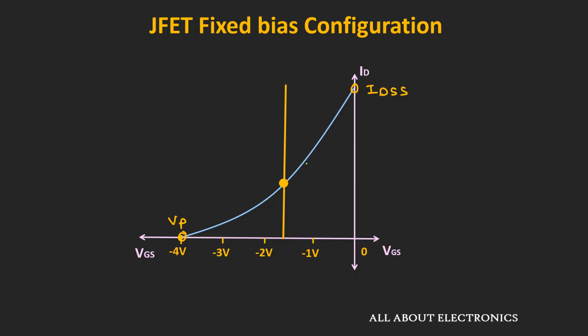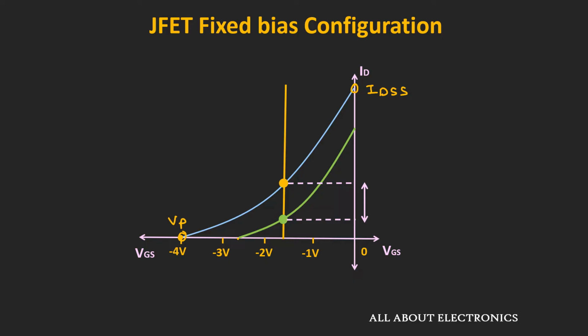Let's say this blue curve shows the maximum value of IDSS and VP, and this green curve shows the minimum value. As you can see from this graph, because of the change in IDSS and VP, this is the maximum change in the drain current. So in case of the fixed bias configuration, because of the change in the device parameters, there is a significant change in the operating condition.